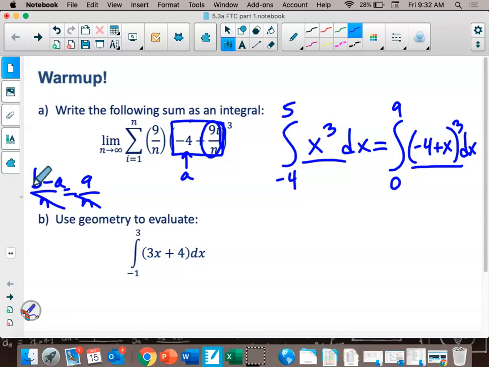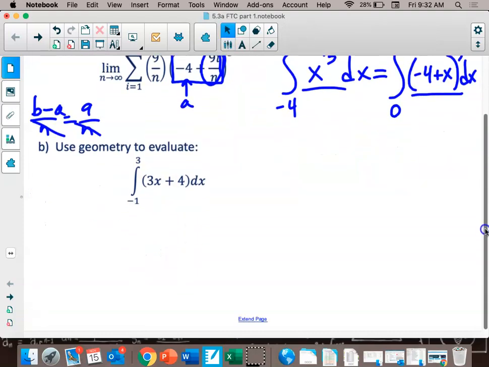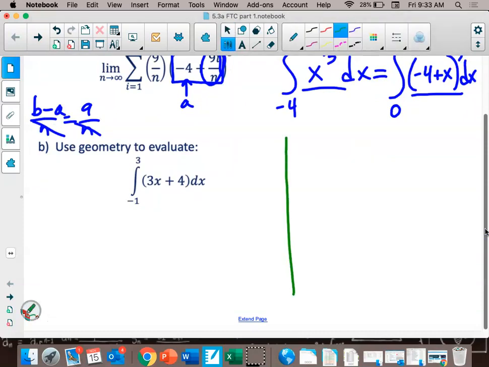Okay, use geometry to evaluate. Whenever I have to do an integral with geometry, you're going to want to sketch the graph, right? So we have the integral of 3x plus 4 evaluated from -1 to 3.